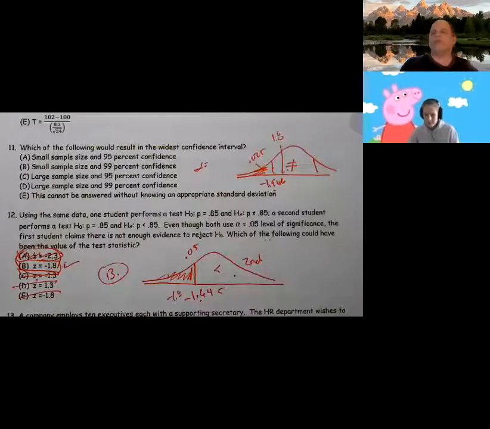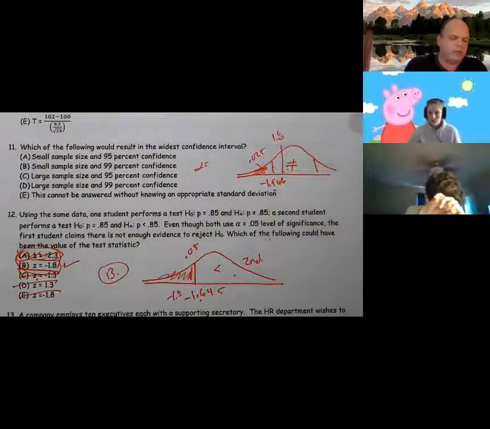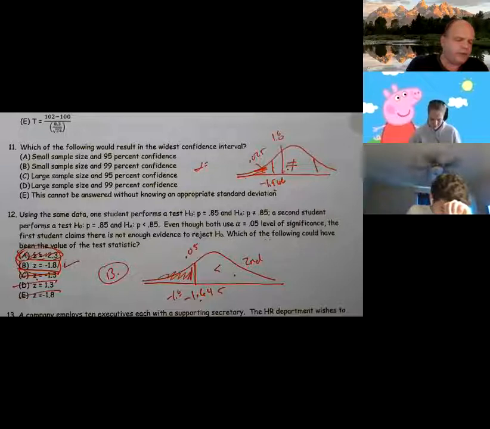All right, so looking at number 13, a company employs 10 executives, each with a supporting secretary. The Human Resource Department wishes to determine the difference in mean salaries between the executives and their secretaries.